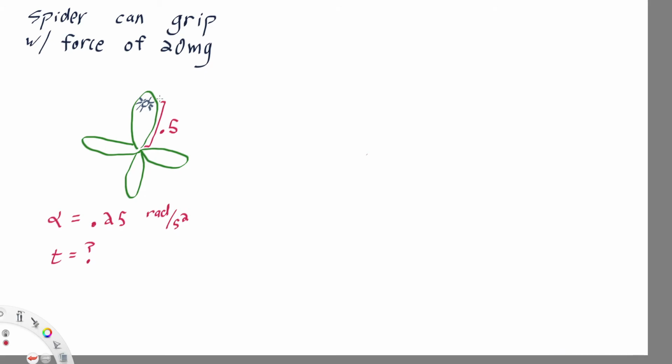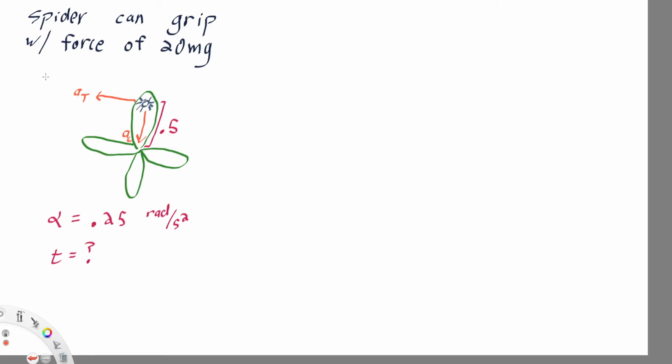I think the proper coordinates for this problem, we want to consider maybe toward the center of the circle and counterclockwise, because that's the way your fan spins. So we're going to have some centripetal acceleration and some tangential acceleration.